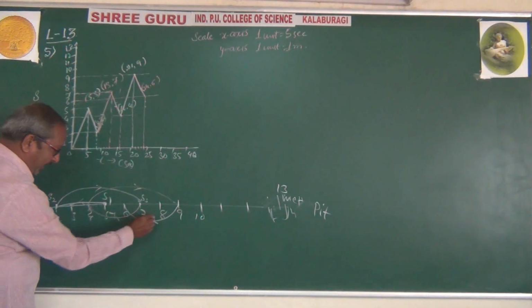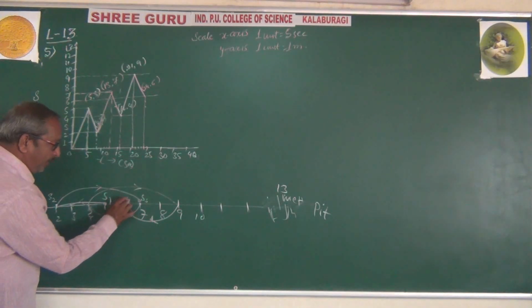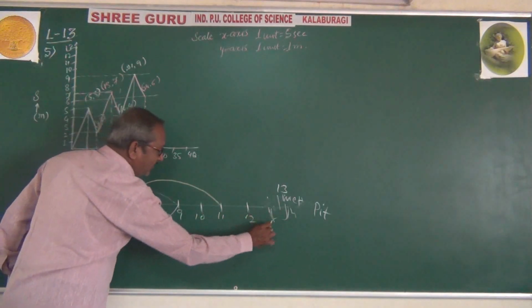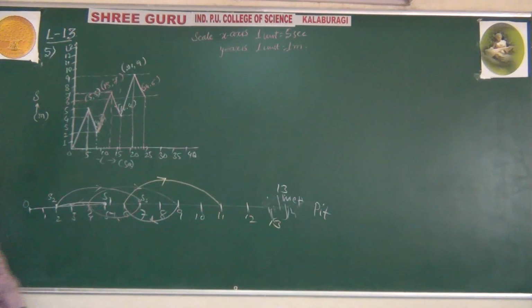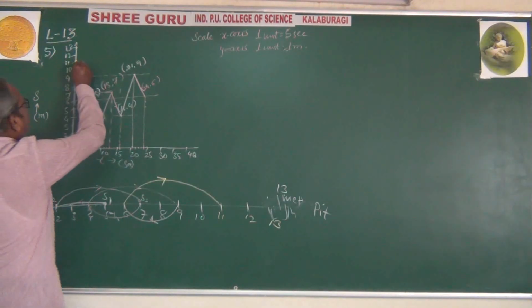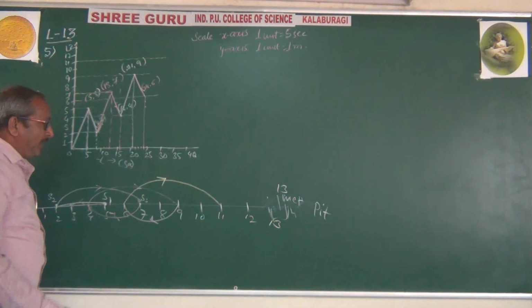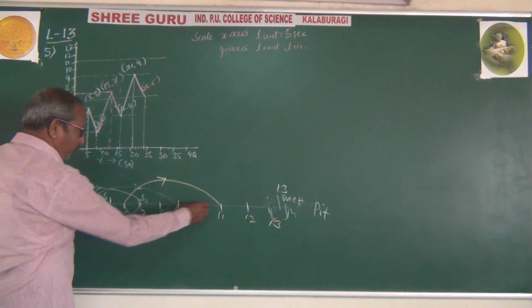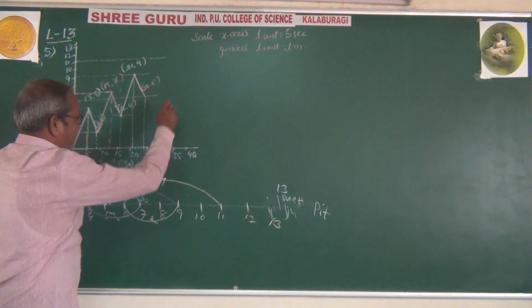After 6, he came here. Now again he will go 5 steps forward. Here 5 means he will come here, 11, 12, 13. He will come to the 11th position. The 11th position is here. And the time: 24 is already completed. 1, 2, 3, 4, 5 means 24, 25, 26, 27, 28, 29 seconds.